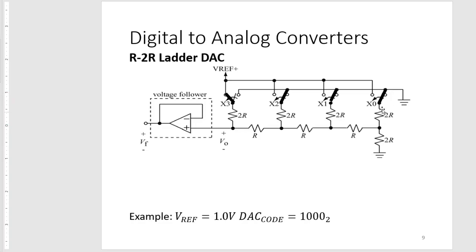Now since 2R is connected to ground and it will be in parallel with the other 2R resistor here in the bottom. So after we combine those, we can see that this resistor over here is connected in series with this R resistor. Now, since it's connected in series with this resistor, we can combine them, and you can see 2R is again in parallel with 2R resistance here.